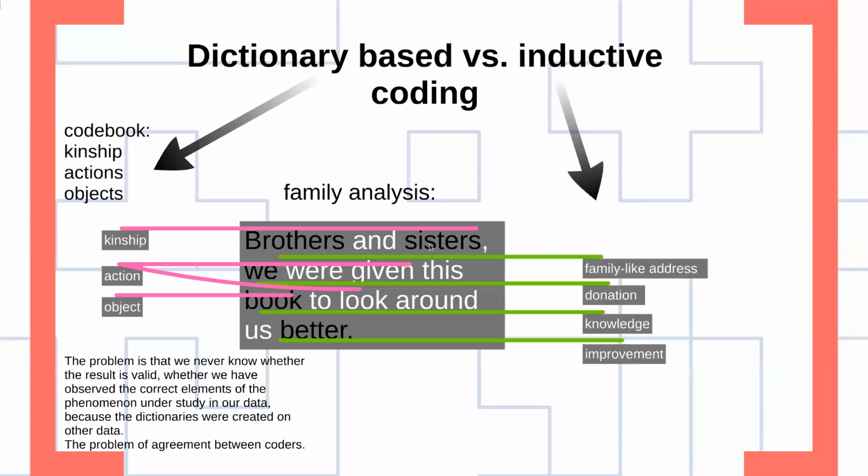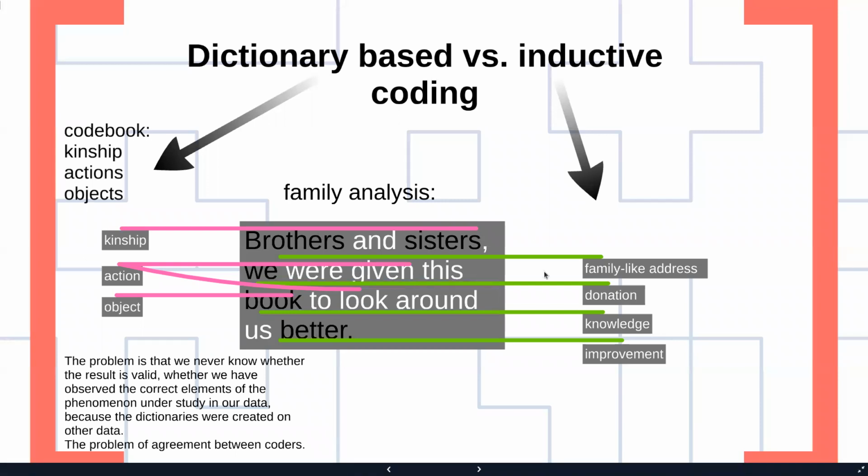Inductive coding is that we read the text and try to generate new codes that we think are appropriate from the pieces of data we have. So I would code brothers and sisters as family-like address.